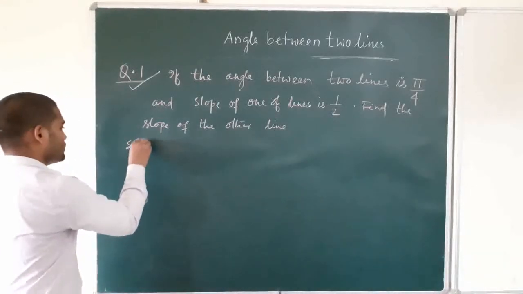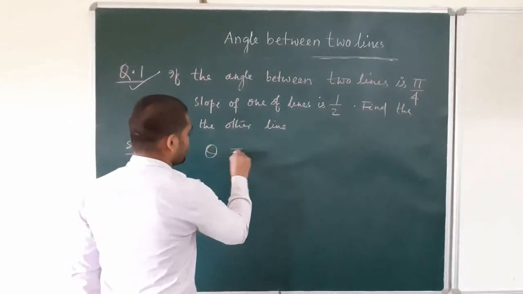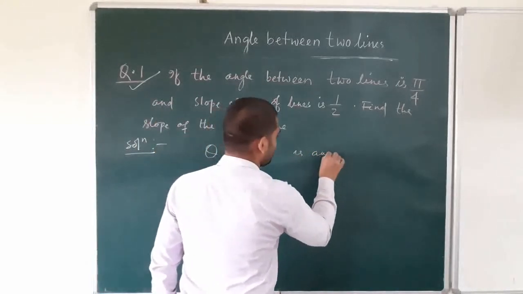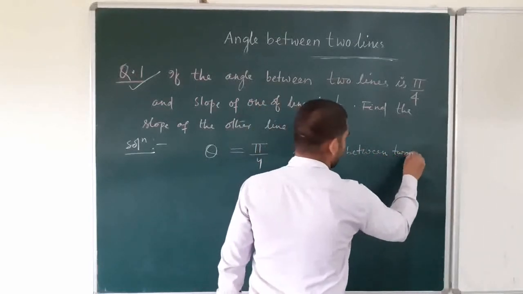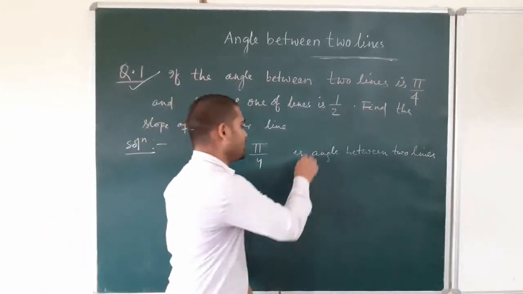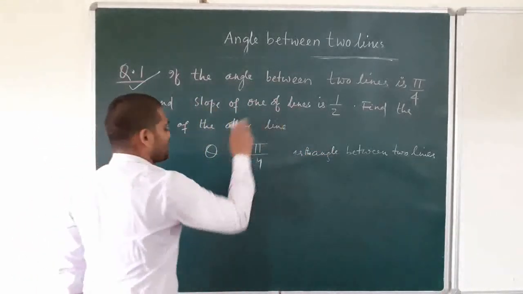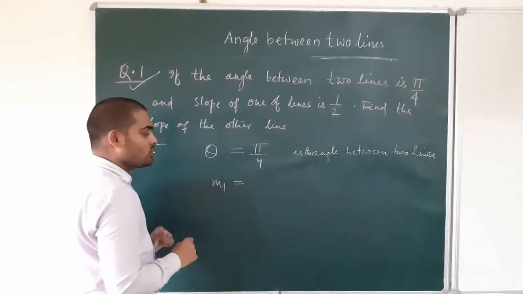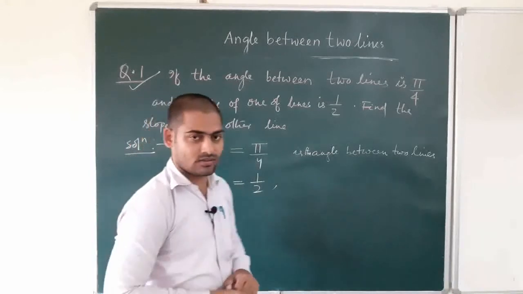So, solution. Here what is given? Let the angle between the two lines be theta. Slope of one line, let it be m1, is equal to 1 by 2. Then find the slope of the other line.